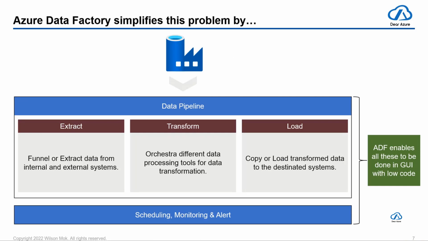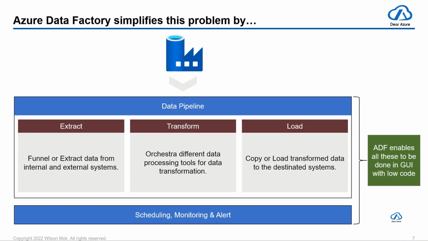Now with ADF, we can actually simplify this problem. ADF provides us a way to create and manage a low-code data pipeline. A data pipeline is a process where we funnel or extract the data from either internal or external systems.